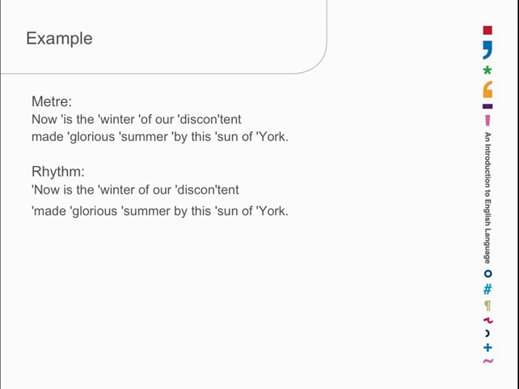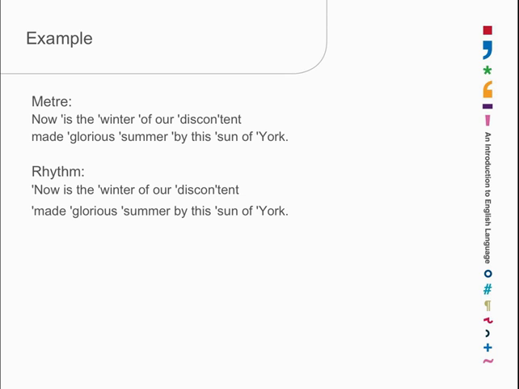"Now is the winter of our discontent made glorious summer by this son of York." And you'll notice that if you count the number of syllables, there are 10, but the stresses don't exactly go dee-dum, dee-dum, dee-dum, dee-dum, dee-dum.